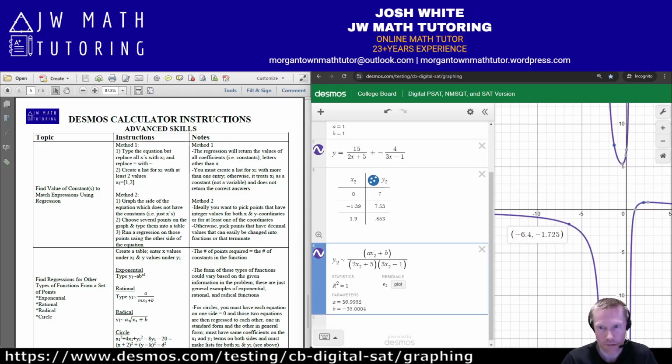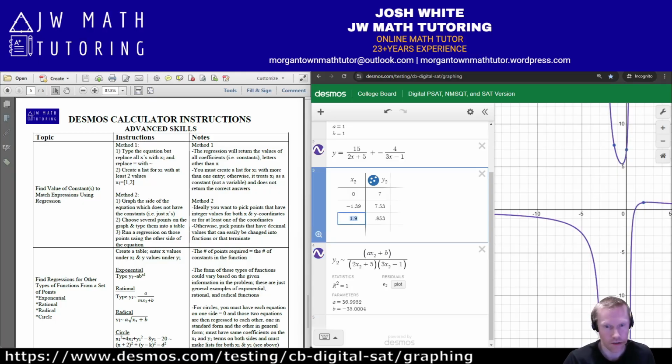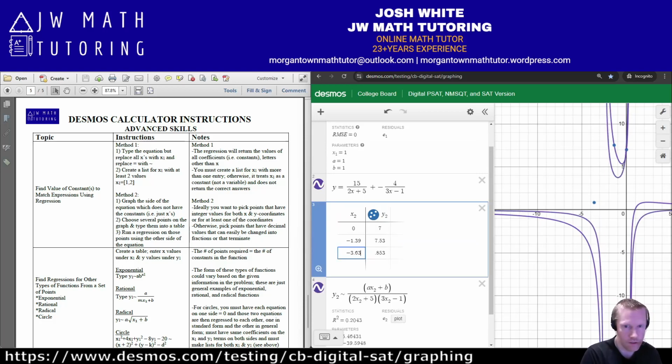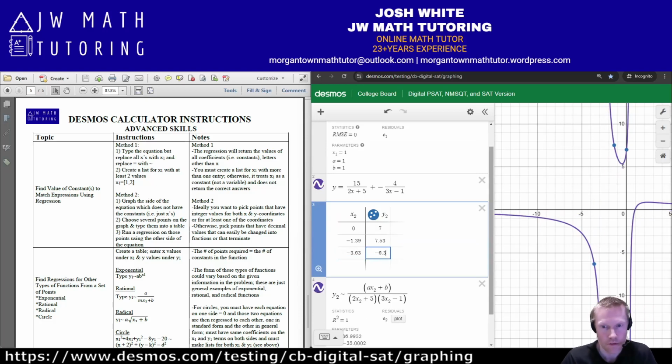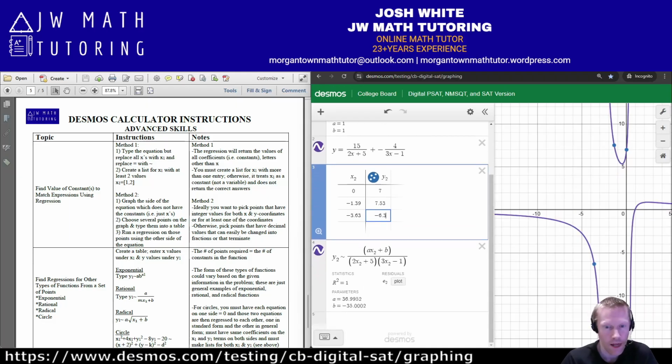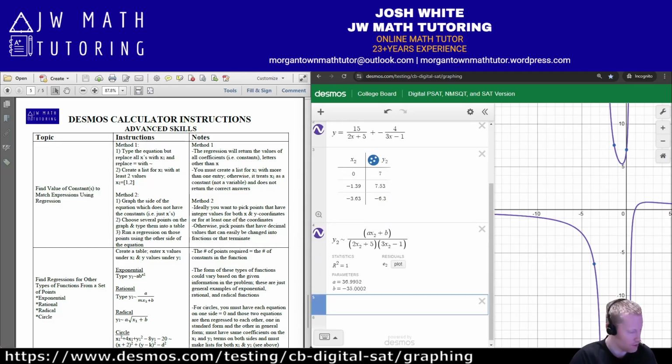So if I trace along here, basically what I'm looking for is something without 3 decimals in the y coordinate value, because that would mean that it actually is truncated. There we go, negative 3.63, negative 6.3. Okay, and you can see now it's really, really close, but it's still not quite correct.